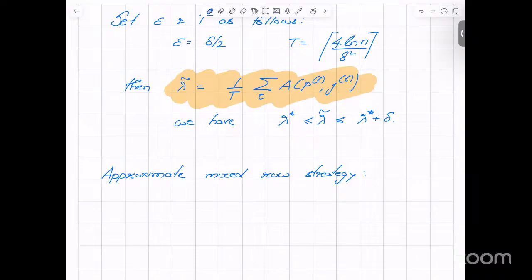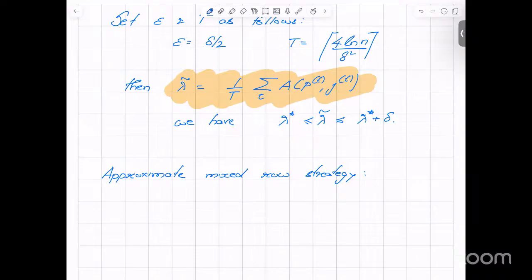I actually want to say that at the end of the algorithm, I not only lay my hands on lambda tilde, I also lay my hands on a P tilde, a strategy by which the row player can play, which comes close to achieving lambda star, and a strategy Q tilde by which the column player can play. Right now, I don't have P star and Q star.